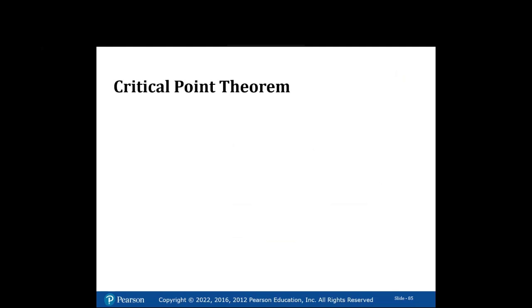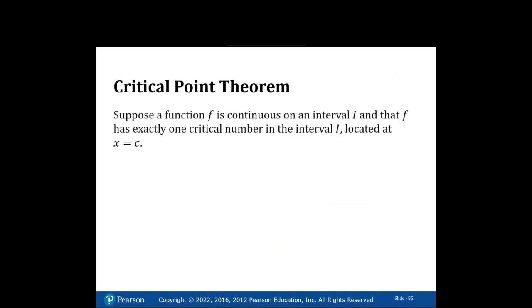Okay, so now there's another theorem. It's called the critical point theorem. So suppose we have a function, it's continuous on an interval, and that function has exactly one critical number in that interval located at x equals c. So I pick an interval, and inside there we only have one critical number.